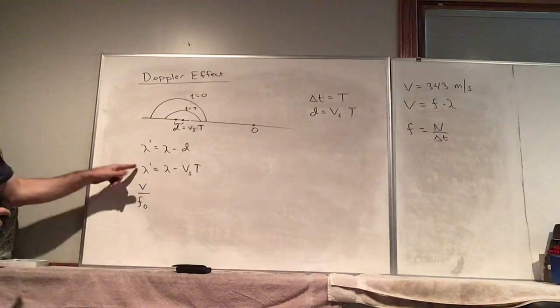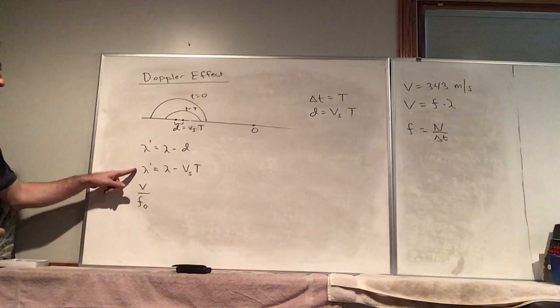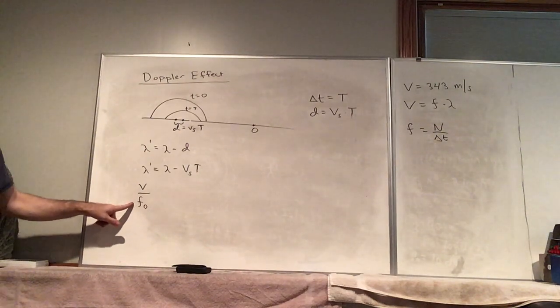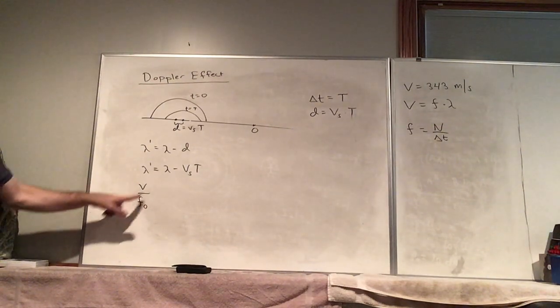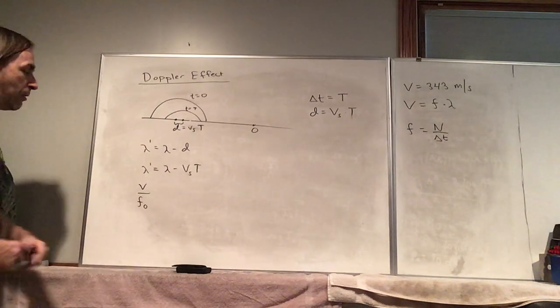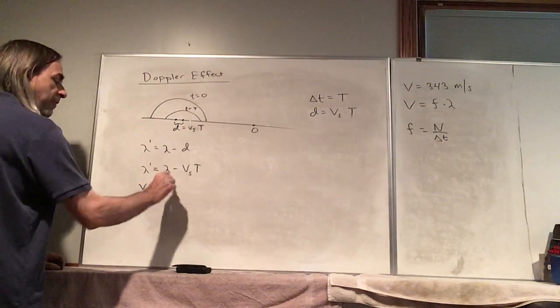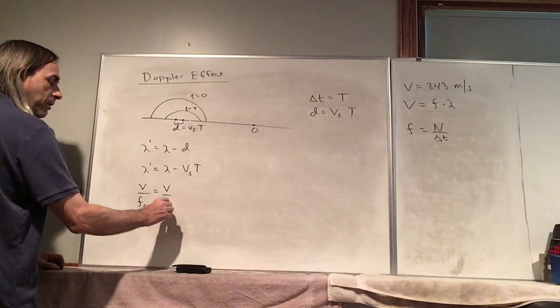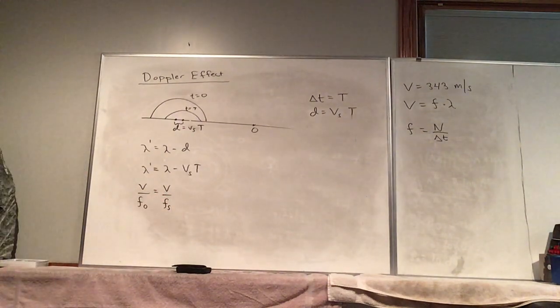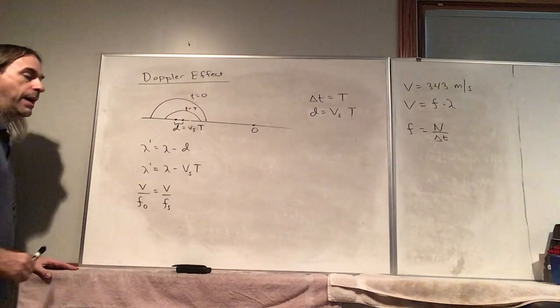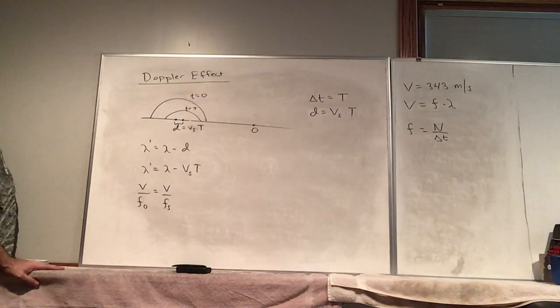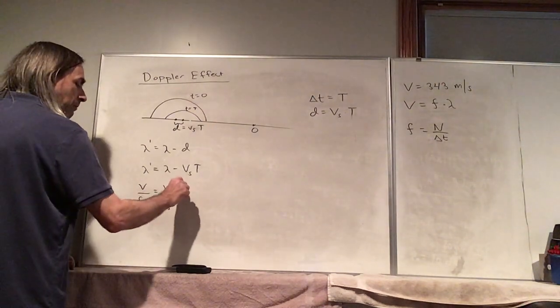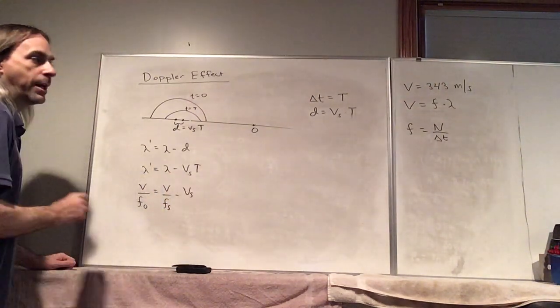This is the wavelength that the observer is actually going to see, and so that's going to be related to the frequency that the observer sees. Now, lambda is what we'd get with no relative motion, so that would be V divided by the frequency of the source. If the source was not moving, then we would see the sound waves produced at the same frequency as the source is actually producing. And then we have minus Vs times the period.